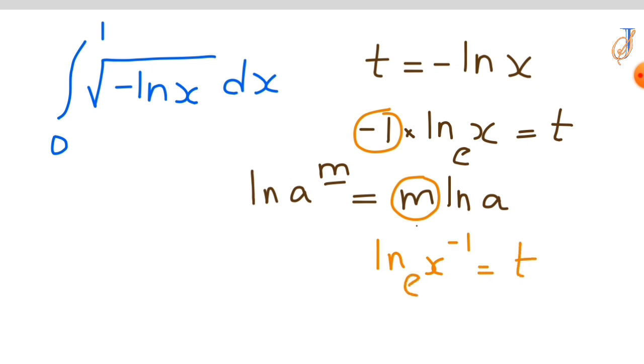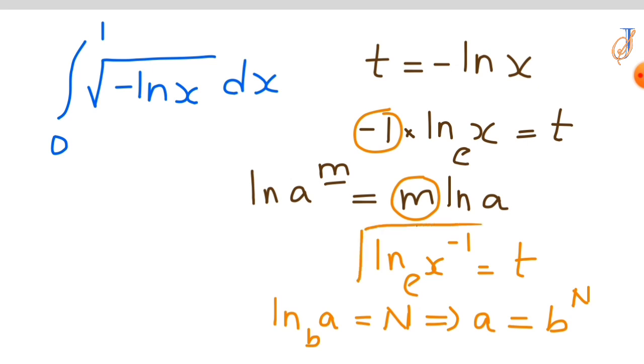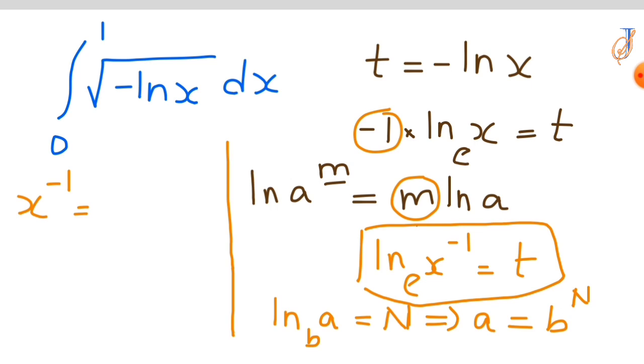Now recall one more logarithm property: log of a with base e is equal to some value b, then we can write this as a equal to base power that value, e power b. Similarly, we can write our expression x power minus 1 equal to base power, our base is e, so e power t.